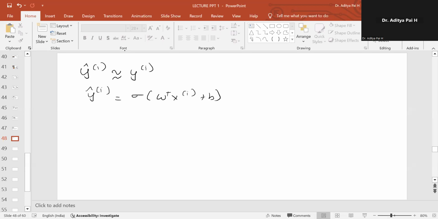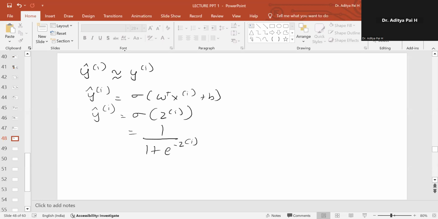That is the predicted output, w transpose x plus b, which we had seen. Now, this can also be written as sigma of z of i, which can be written as 1 by 1 plus e power minus z of i.